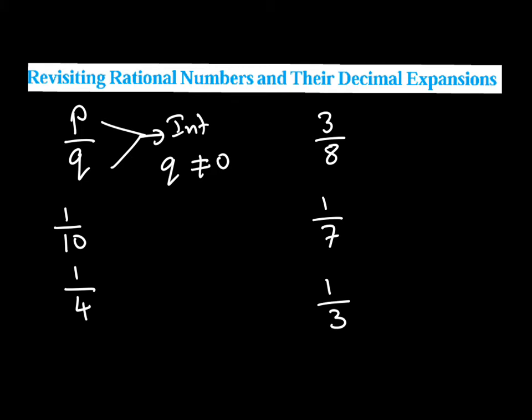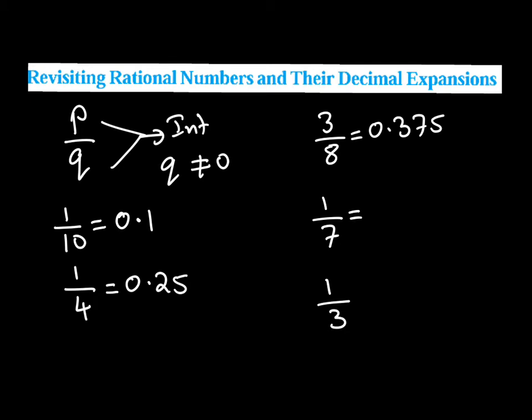Now let us look at the decimal expansion of the same numbers. 1 over 10 in the decimal form can be written as 0.1. 1 over 4, the decimal form of this is 0.25. 3 over 8, the decimal form of this is 0.375.